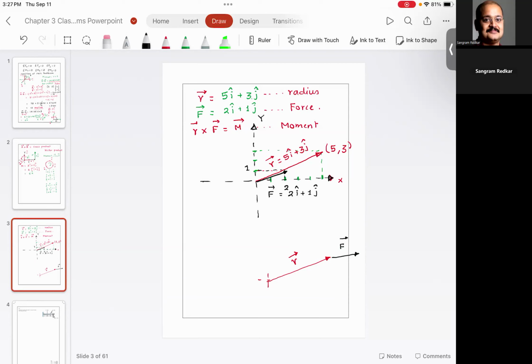Now, if you just look at the way these two are expressed, you may say, oh, it's kind of difficult, no? Because I have this vector over here, I have this vector over here. How do I solve this problem?